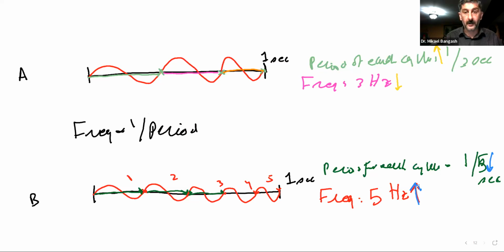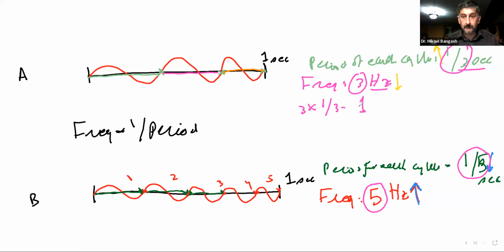But then when you also look at this, this hertz here means how many cycles per second. If you take this number and multiply by this, just like you take this number and multiply by this, what do you get? 3 multiplied by 1 over 3.